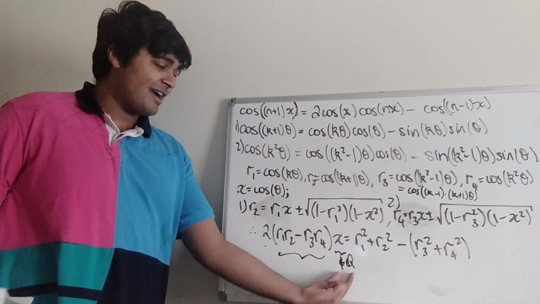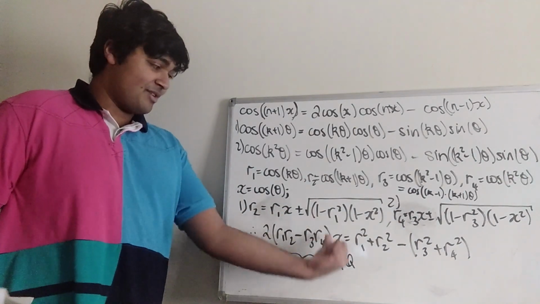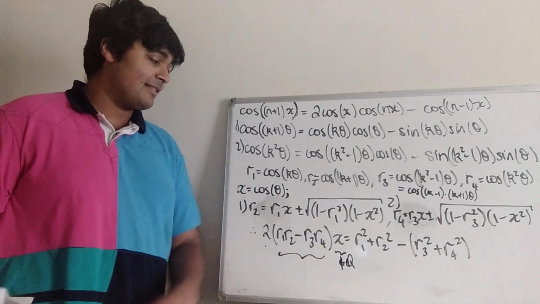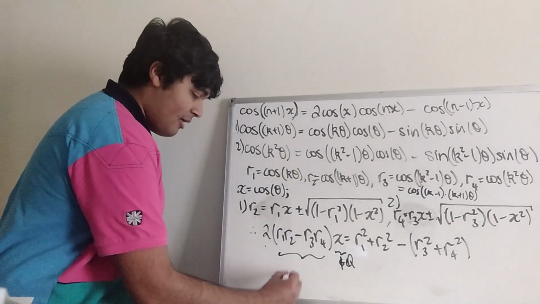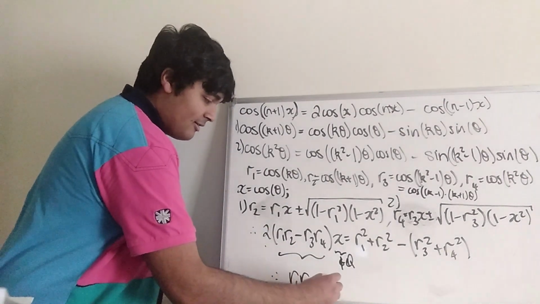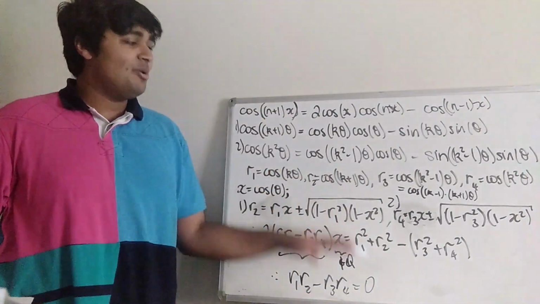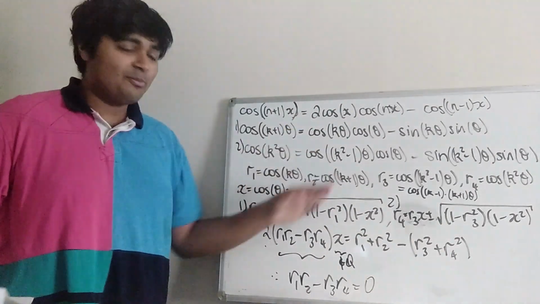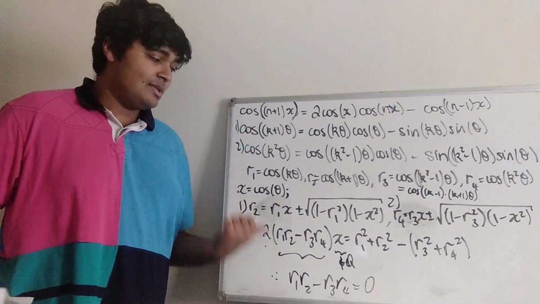How on earth can we have rational times irrational equals rational? Well, the only way that's possible is if the rational we're multiplying the irrational by is 0. So therefore we must have that r1r2 − r3r4 is equal to 0. And that's what all this boring and ugly computation was leading towards: r1r2 − r3r4 equals 0.